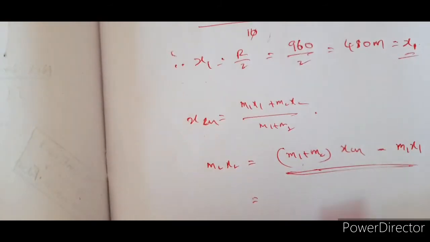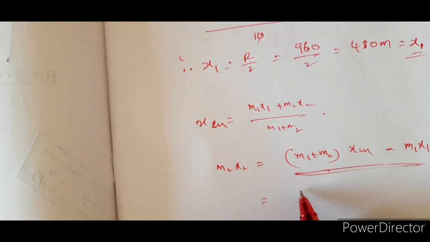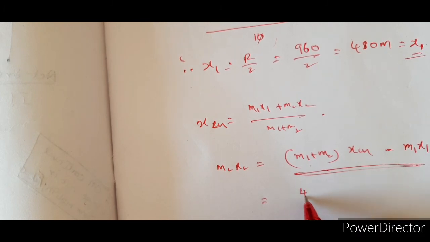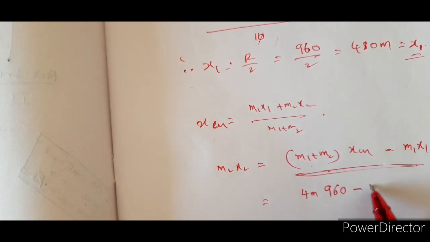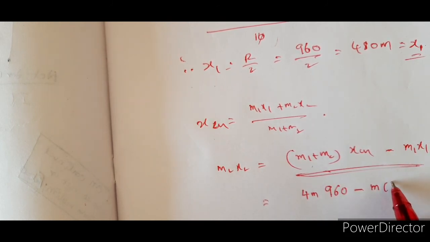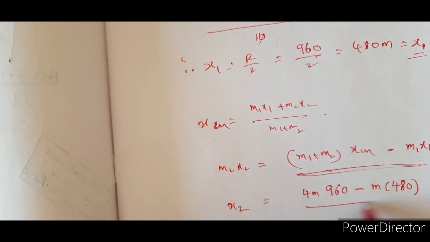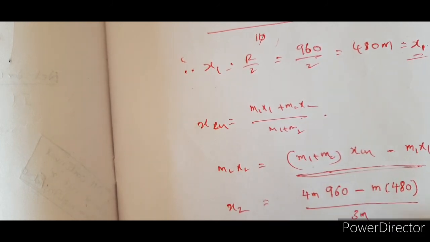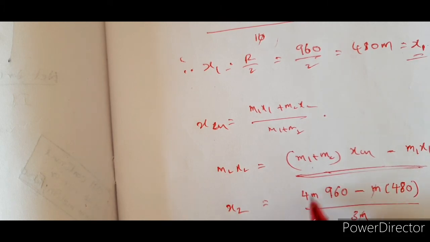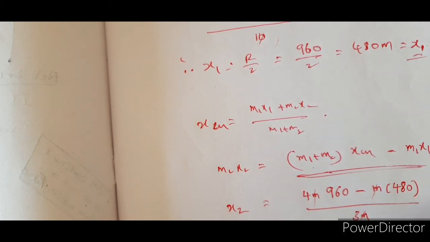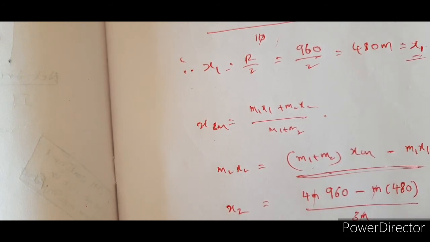Now m1 plus m2 is 4m, into xcm, which is 960 we got, minus m1, which is m, into x1, which is half of this, that is 480. Then x2 is equal to this whole divided by m2, which is 3m. m is common everywhere, and then simplify the whole thing. You will be getting it to be 1120 meters.